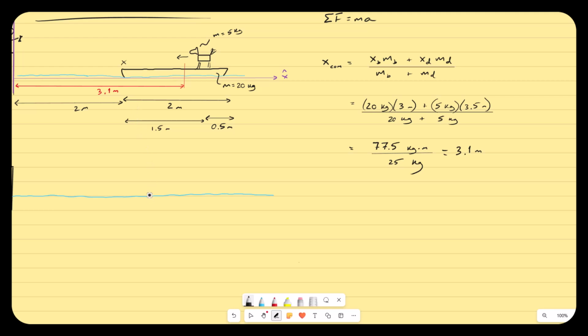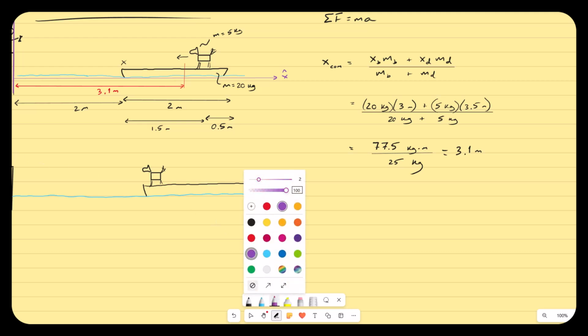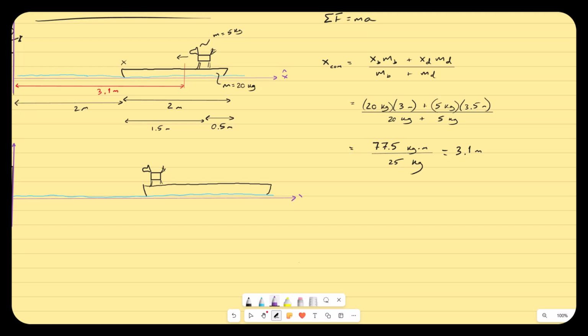The boat's going to have moved to the right some. So I'm going to draw this here. I said my coordinate axis was at the dock. So let's see what is what. We have, in the end, a position of the dog.